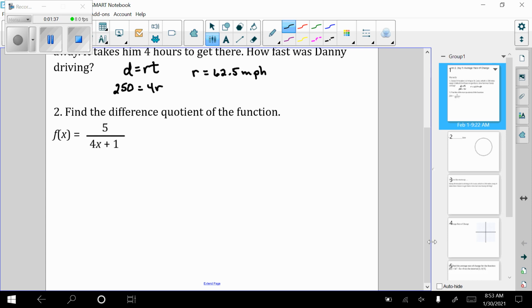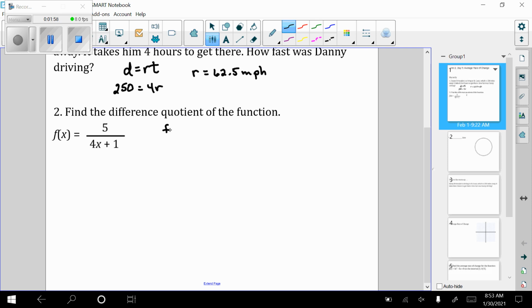We're also going to review the idea of a difference quotient. We're going to find the difference quotient of the function f of x equals 5 over 4x plus 1. Whenever you have a rational, you have to think that it might be a little more complicated because we're going to have to find a common denominator.